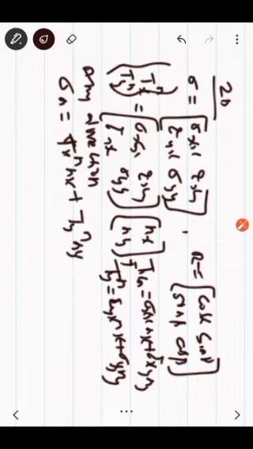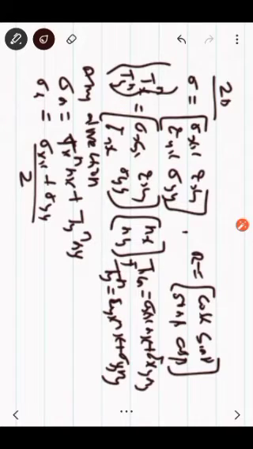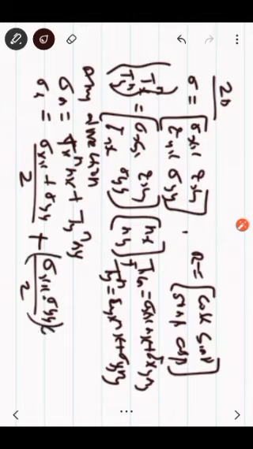So this can be cut short and written as sigma n equal to sigma xx plus sigma yy by 2, plus sigma x minus sigma y by 2 cos 2 theta minus tau xy. You have to memorize this formula.